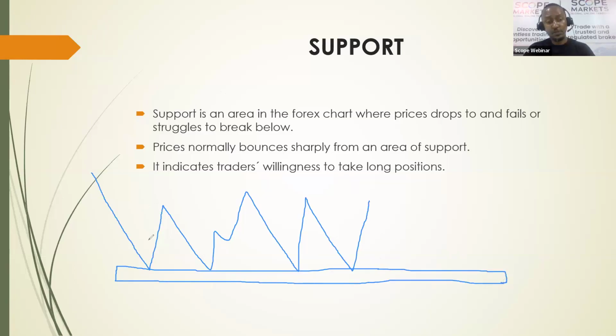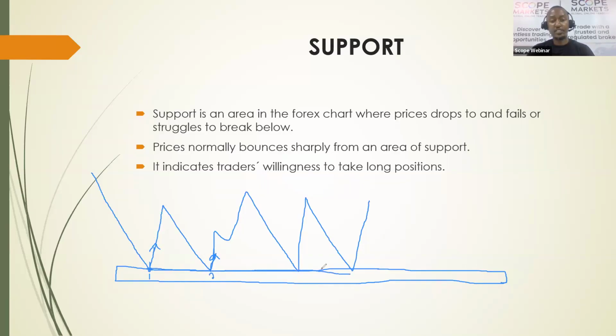From this particular point, you can see the first instance the price came and there was a rejection. The price pushed up. The second time the price came, there was another rejection, okay? So as a trader, once you see these two rejections, what you need to do is draw a line connecting these two points and then extend that line.